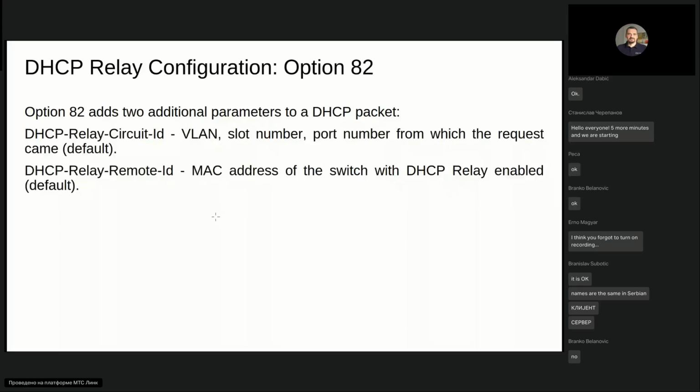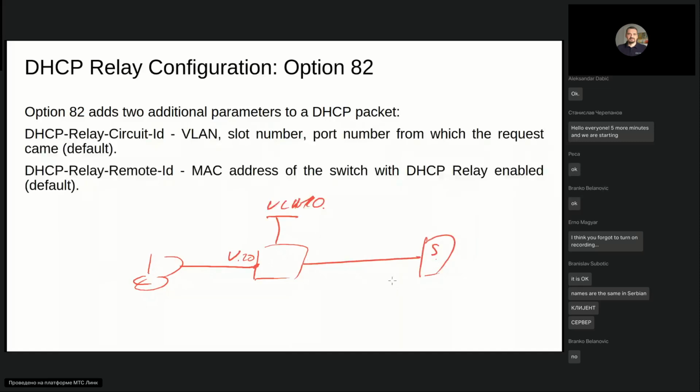The remote ID is the identifier of the switch, and the relay circuit ID is the identifier of the port. So, for example, if we have the switch here with just one VLAN 10, and we have the computer in the network VLAN 20, and also we have servers somewhere here.